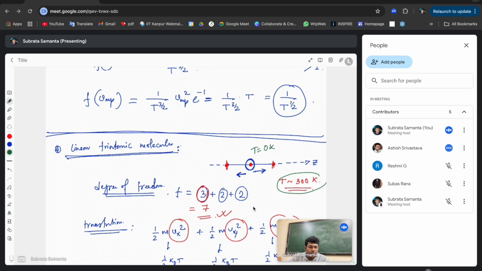Okay, any other questions? The vibrational mode, I mean, there is no specific temperature cutoff, but if you have a high temperature, you consider it.